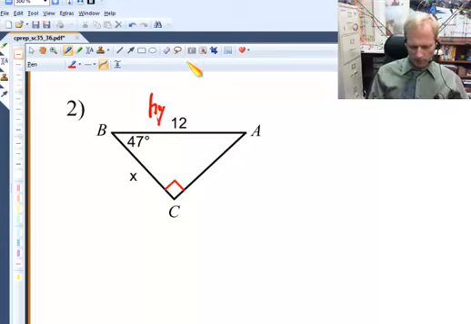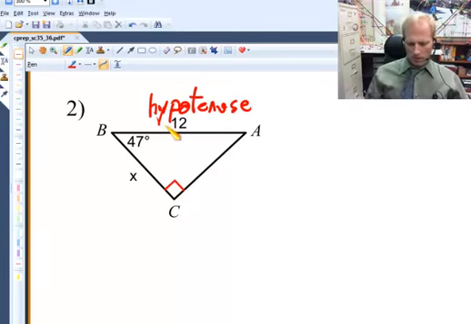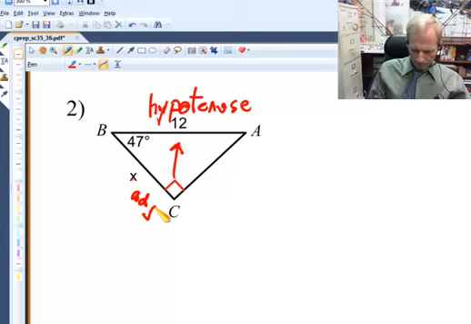So for the 47-degree angle here, angle B, this would be the hypotenuse because it's across from the right angle. And then x would be my adjacent side because it forms a part of the angle that's 47 degrees.